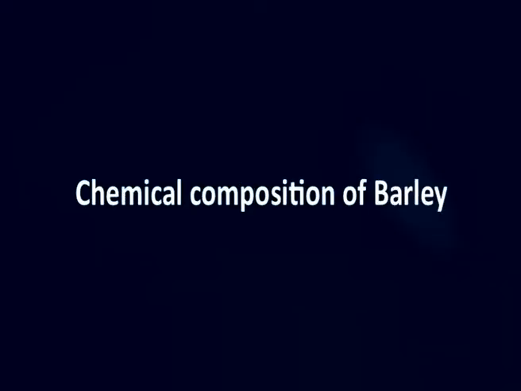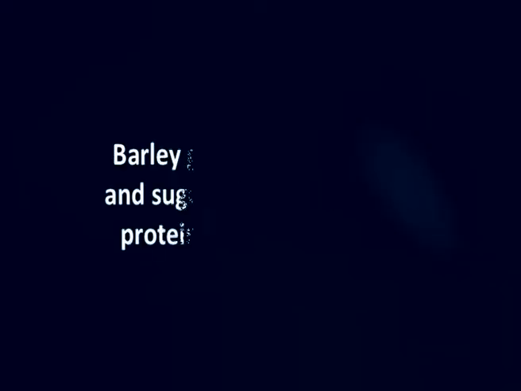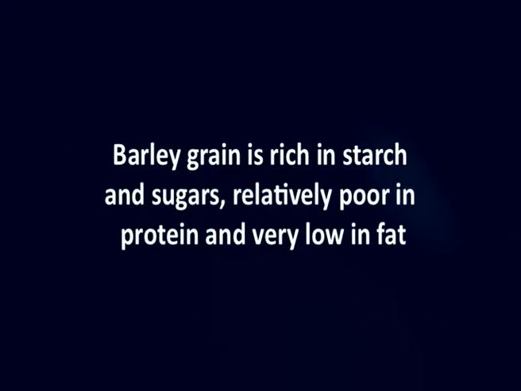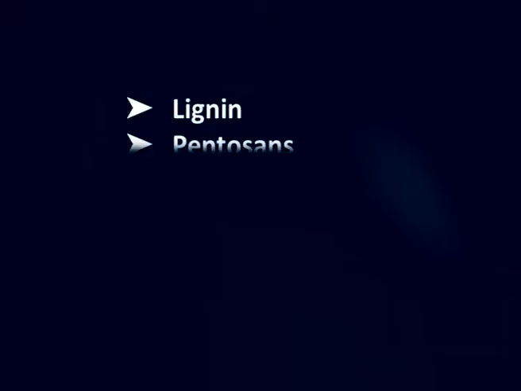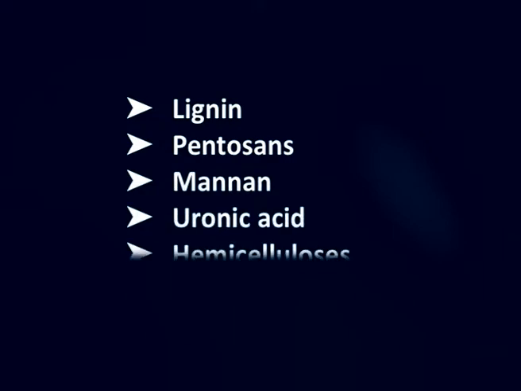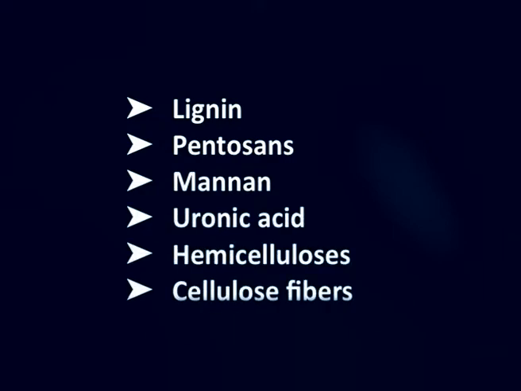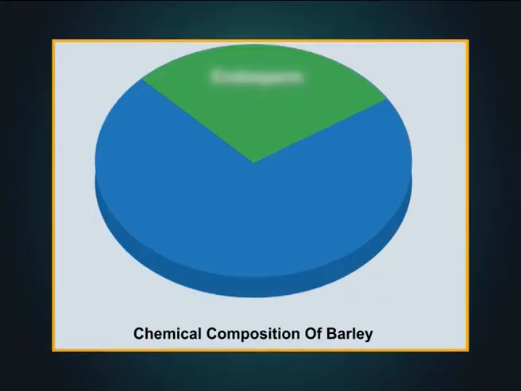Chemical composition of barley. The barley grain is rich in starch and sugars, relatively poor in protein and very low in fat. The husk is mostly composed of lignin, pentosans, mannan, uronic acid, hemicellulose and cellulose fibers. The starchy endosperm is composed of about 85 to 89% starch enclosed in cell walls.